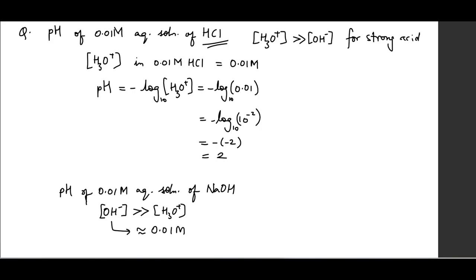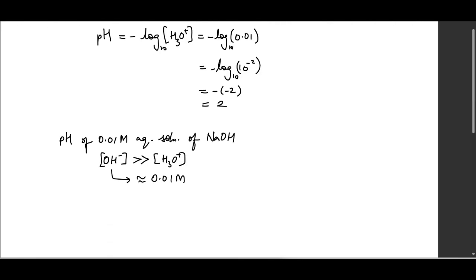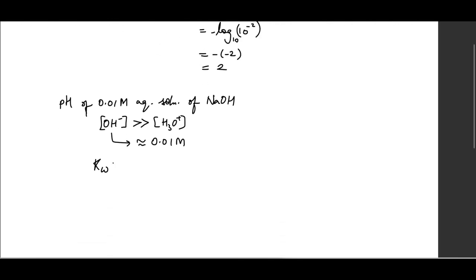Okay. Now we have Kw, which is the ionic product constant for water. It is nothing but, as we know already, H3O plus concentration multiplied by OH minus concentration, and its value is 1 into 10 raised to minus 14. Units are moles square per liter square.